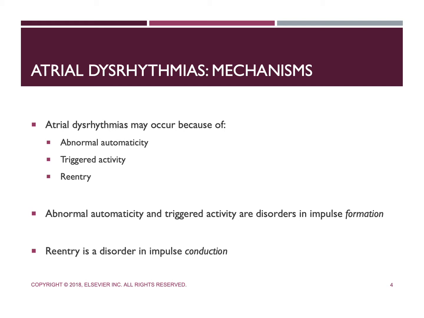Abnormal automaticity and triggered activity are disorders in impulse formation, whereas re-entry is a disorder in impulse conduction. Dysrhythmias caused by disorders of impulse formation are often referred to as automatic, whereas dysrhythmias caused by a disorder in impulse conduction are referred to as reentrant.